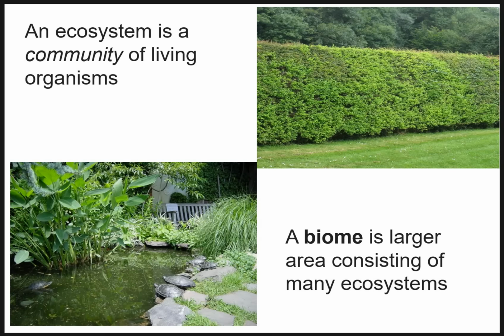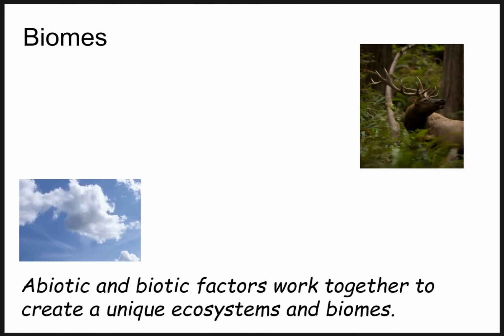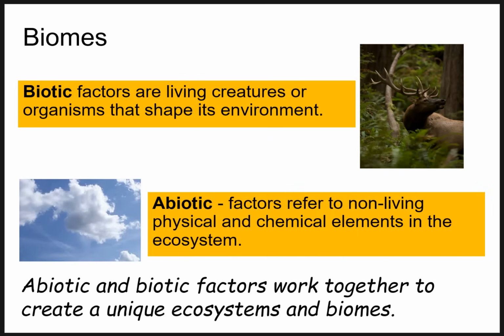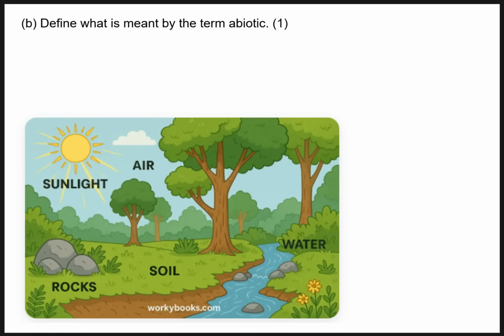A biome is a larger area consisting of many ecosystems. Our biotic factors, these are our living creatures or organisms that shape the environment. And our abiotic, these are the non-living physical and chemical elements in the ecosystem. So that will be your 1 mark answer.